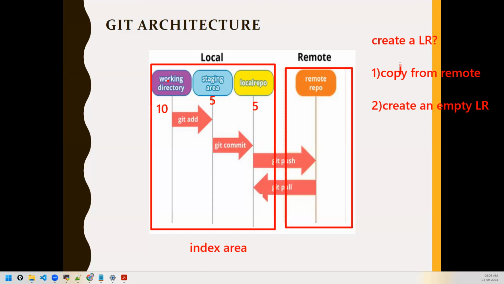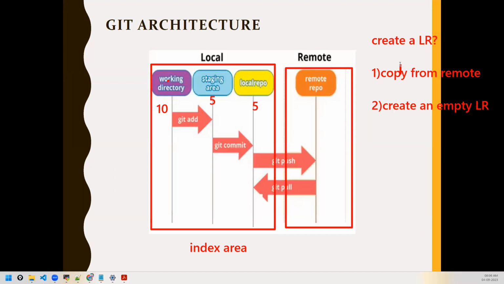So you will be given permissions to that repo. You can copy from that remote and create a local repository. Basically, I'm talking about how you create a local repository. There are two ways. One is copy from remote. The use case is that the project is already there, you join the team now, you can just copy from there and create a local repository. Or else it's a new project. You create an empty local repository, create the files there, then push to remote.